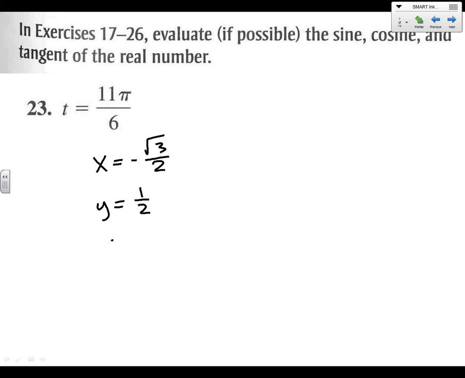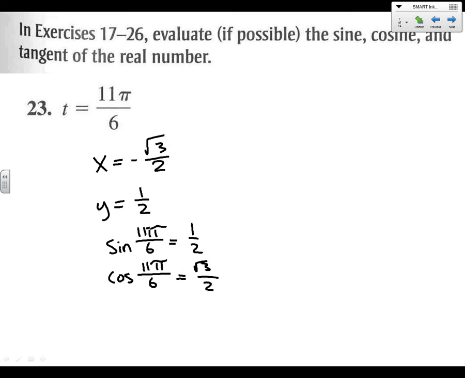So right away I know that the sine of 11π/6 is equal to the y value, which is equal to 1/2. The cosine of 11π/6 is equal to the x value, √3/2, and that's a negative.